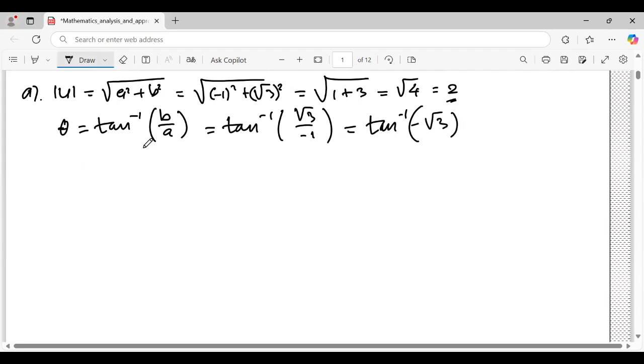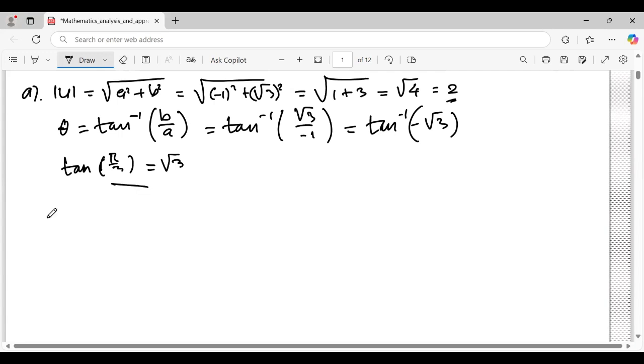Okay. The tangent of pi third, the result is square root 3.